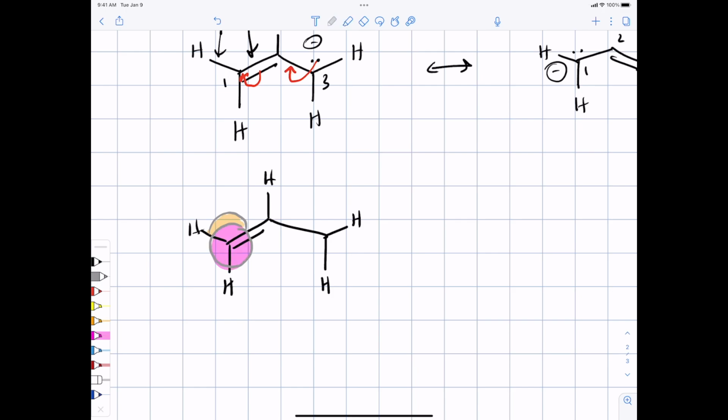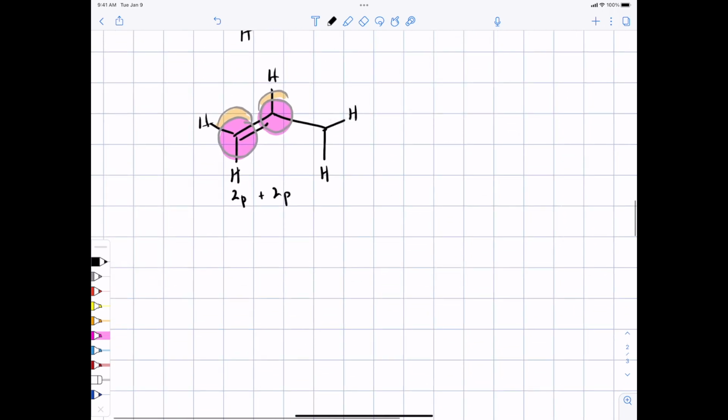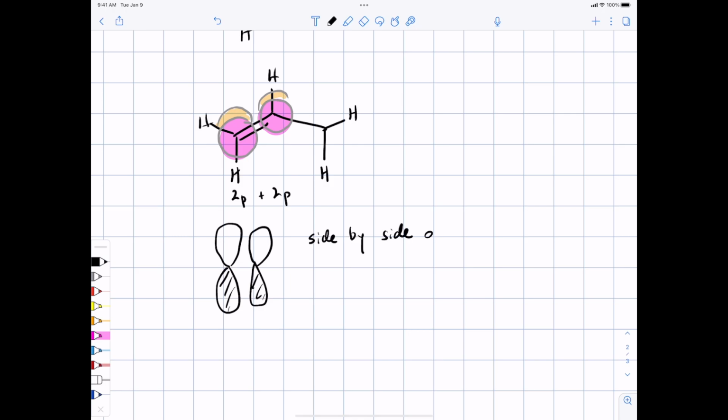And then that can line up side by side with the p orbital that is on carbon atom 2. And what I'm drawing for you here is the plus combination. This is 2p plus 2p. If we viewed that from the side, it would look something like this. You've probably seen that before. This is side by side overlap.